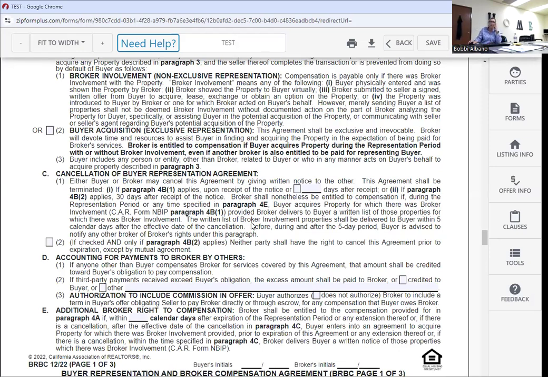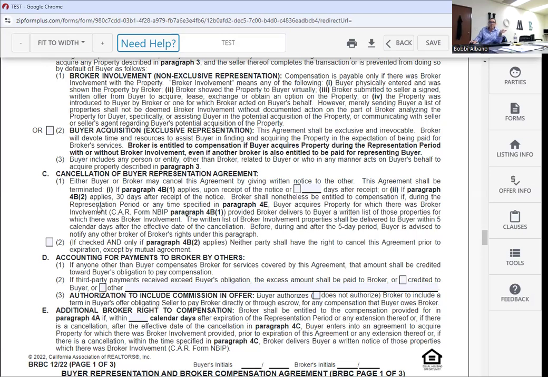And this is the one thing that I really want you all to rely on in case your buyer has any qualms about signing an agreement with you. Just let him know that either side, the buyer or the broker, may cancel the agreement by simply giving notice to the other. This agreement shall be terminated if paragraph 4B1 applies upon receipt of the notice, or you can enter a number of days after the receipt.